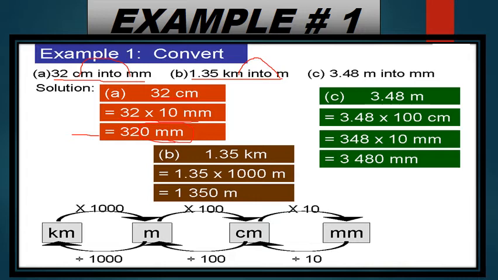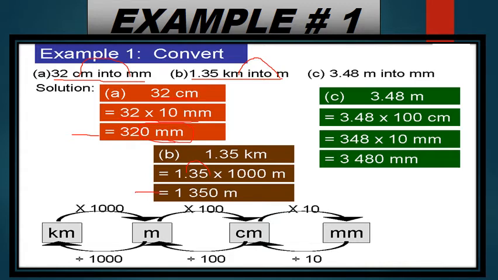Because 1 kilometer is equal to 1000 meter. So we move the decimal point 3 places to the right, and the answer we will get is 1350 meter.